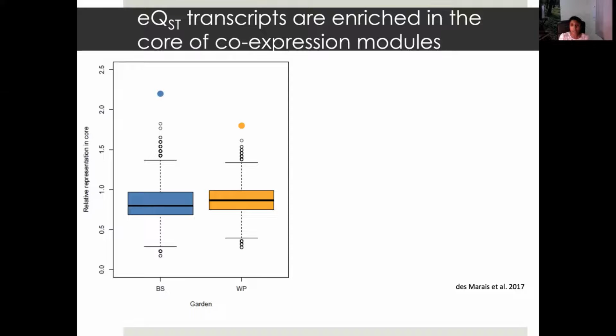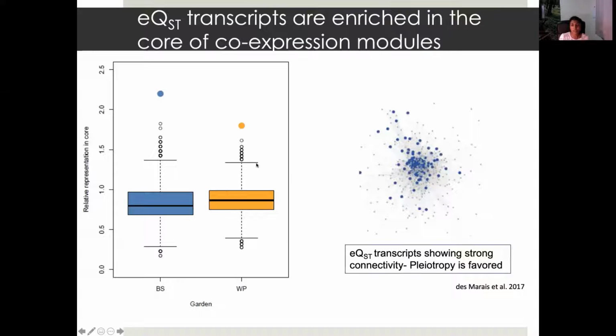And what this represents is similar to this figure that I'm showing on the right-hand side, wherein our EQST transcripts, shown by the blue colored dots, are largely concentrated towards the center of the co-expression network and hence have high connectivity, indicating that they can modulate the entire co-expression network. So what we see here is pleiotropy is actually favorable.